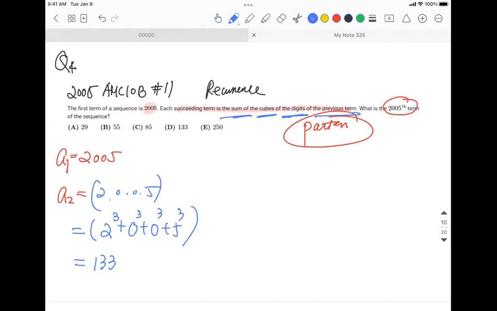Think about it. How can I deal with such a problem?